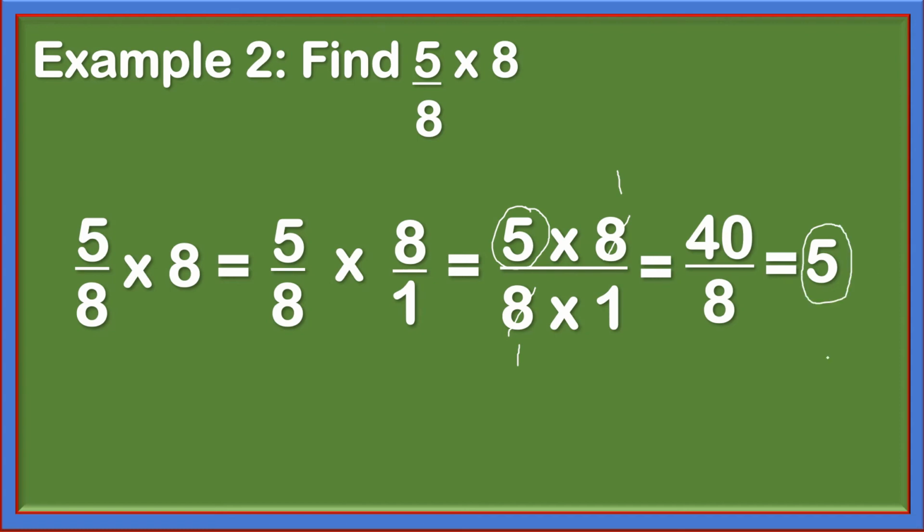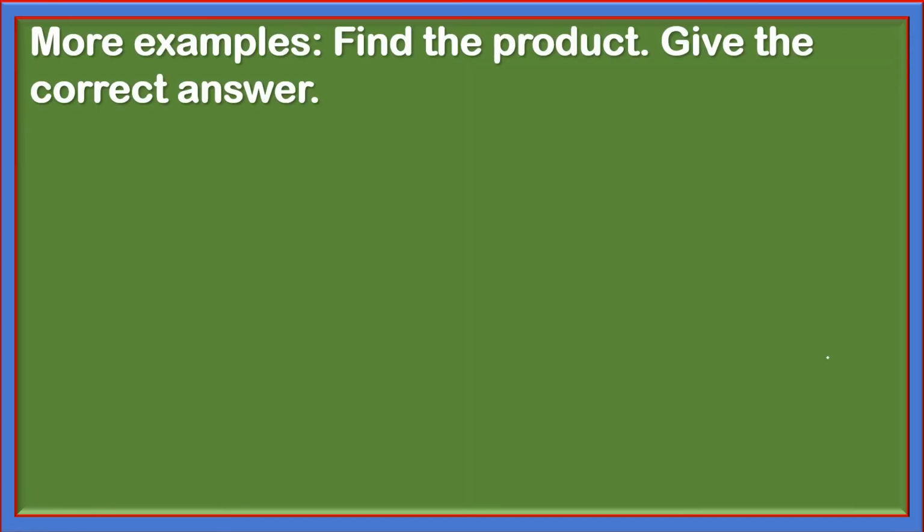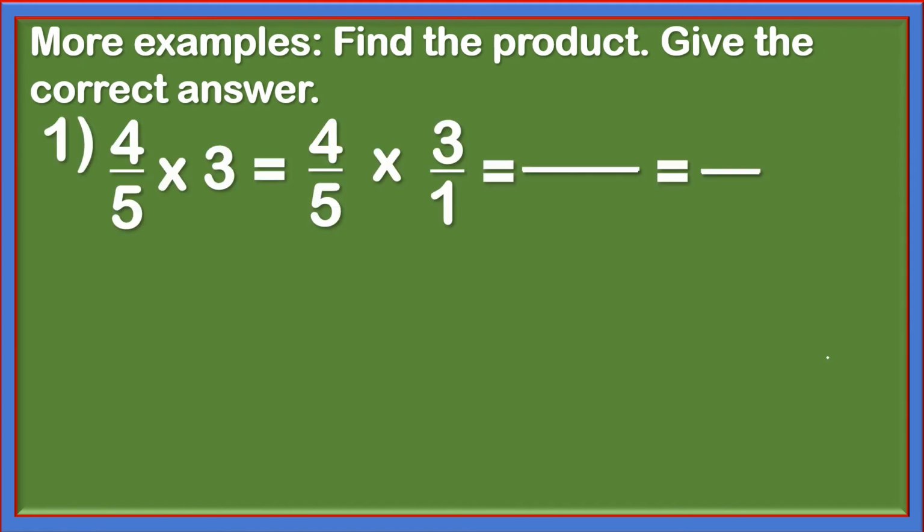5. Okay. More examples. Find the product, give the correct answer. For number 1, 4/5 times 3 equals 4 over 5 times 3 over 1. First, we rename. Then, hindi naman sila pwedeng i-reduce or i-cancel. So, normal way lang ng pag-multiply ng fraction.